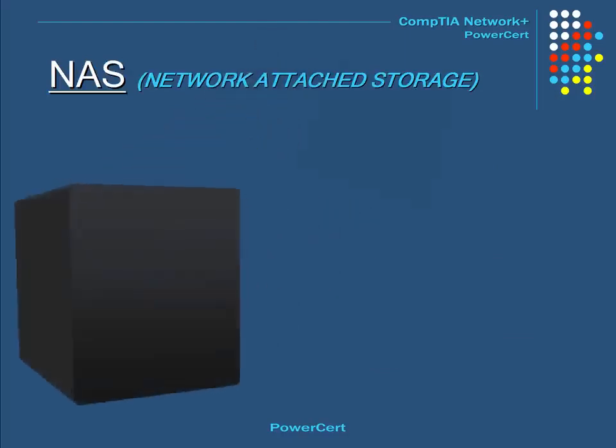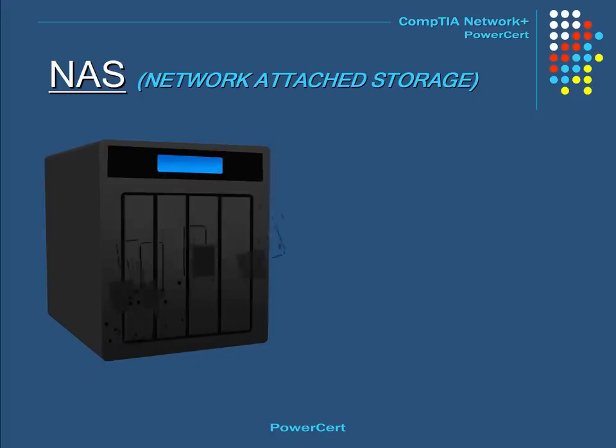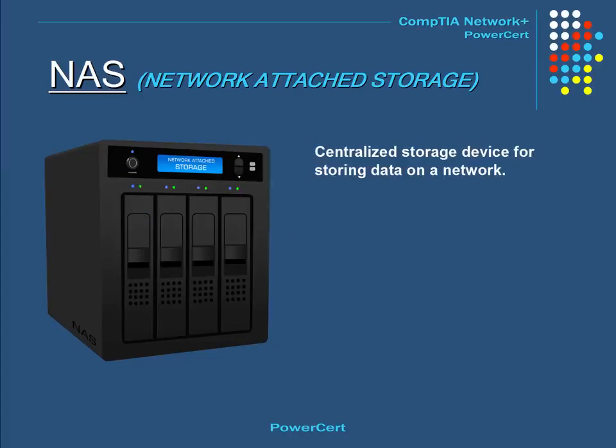If you wanted to store data in a centralized location where it can be accessed from all of your other devices on your network, you can do this by using a network-attached storage device. A network-attached storage device is a storage device that is used strictly for storing data, and it doesn't do anything else besides storing data.